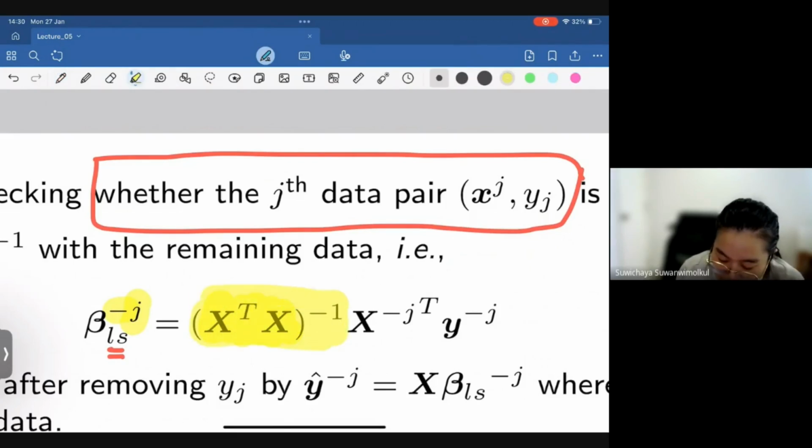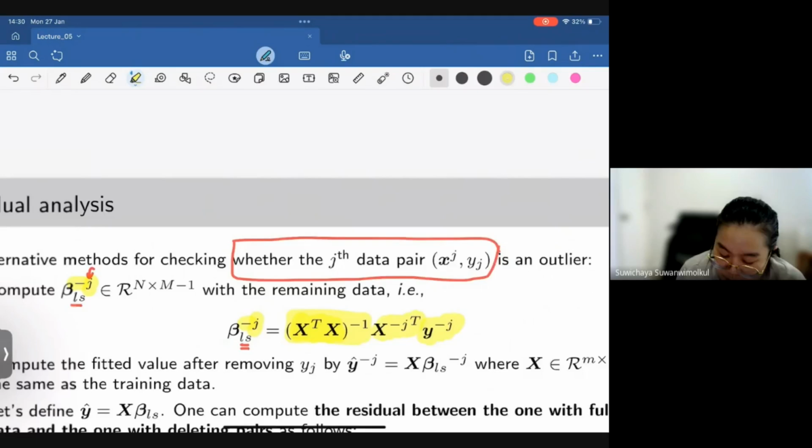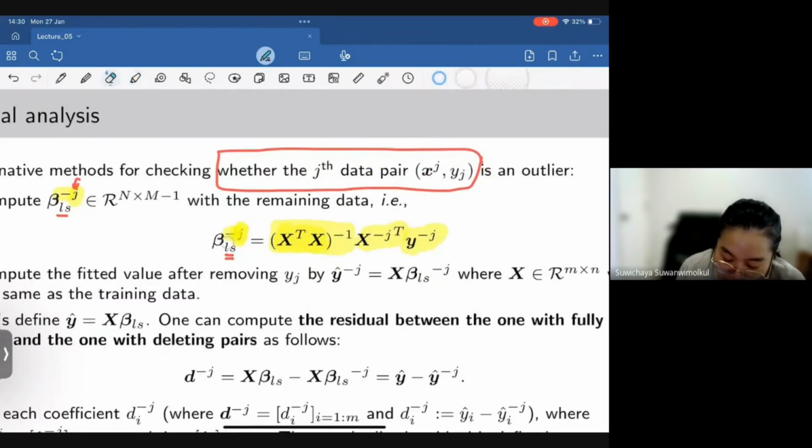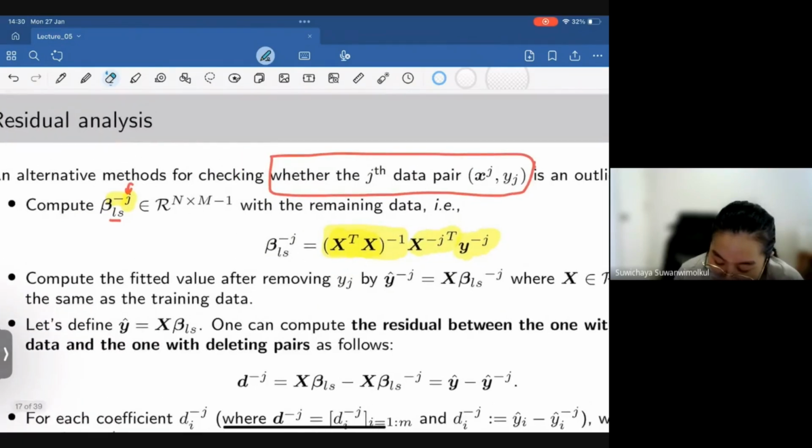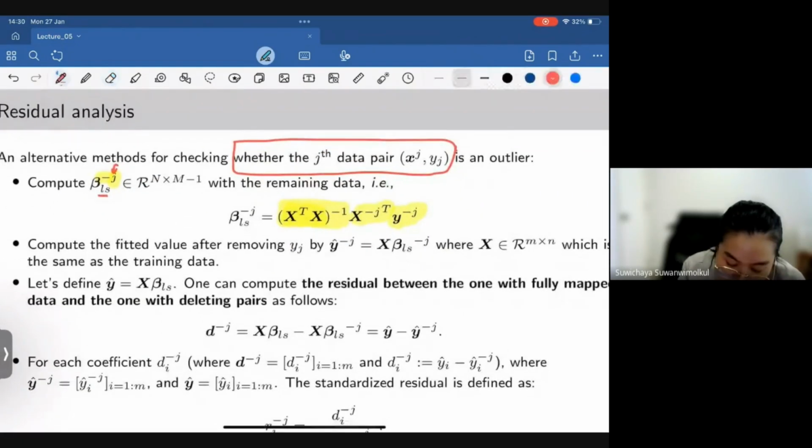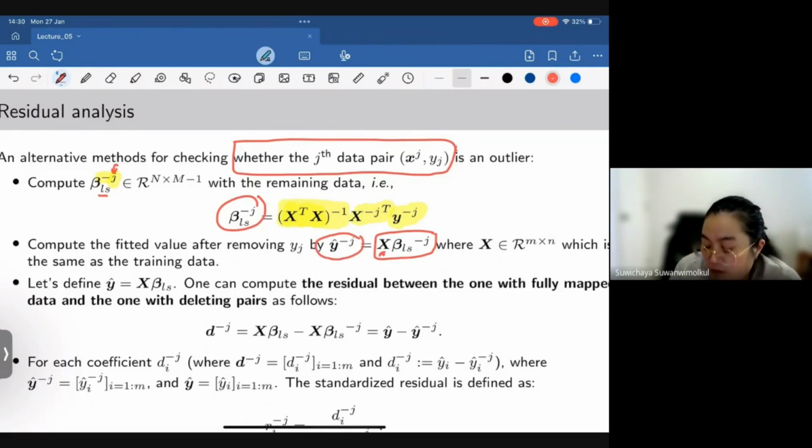So the denominator is still the same, but we remove the j sample from X and the j sample from y in our training. Therefore, we have a new beta minus j to calculate. After that, we can use that beta LS where j is removed, test it with the X test, and see what we get as the prediction.